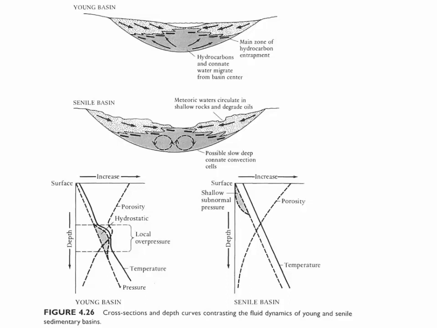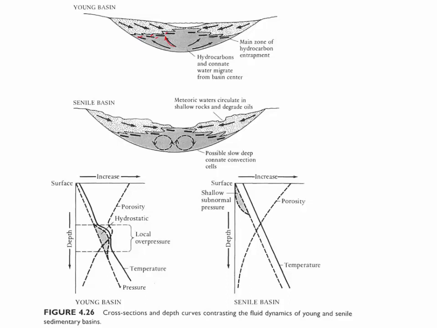So hydrocarbon will move and can be trapped here, right? In the old basin, meteoric water circulates in shallow rock and degrades the oil, with a possible slow deep connate water convection cell. So you have less fluid dynamics compared to the young basin.